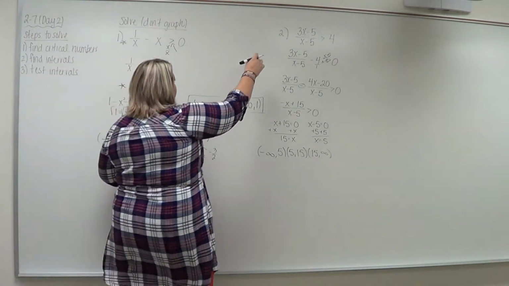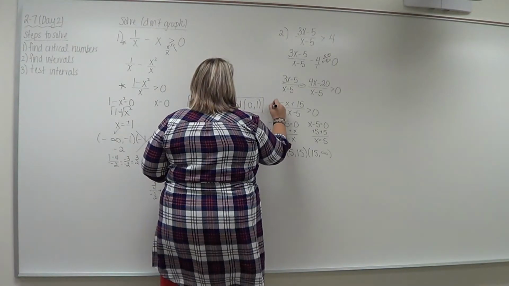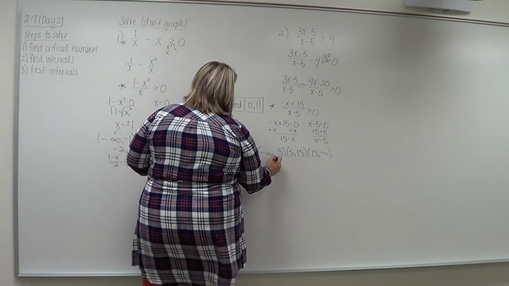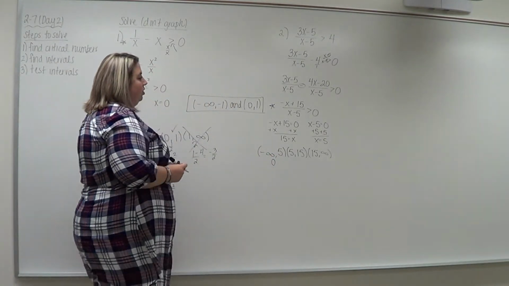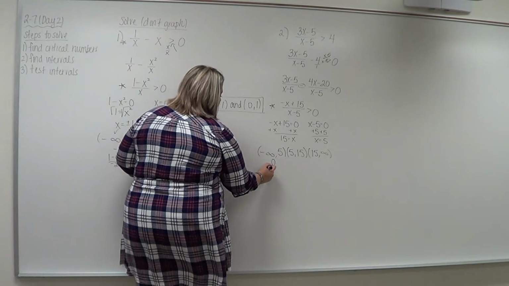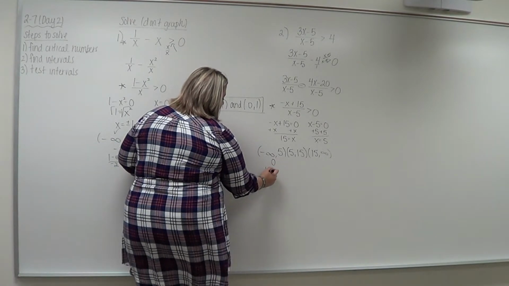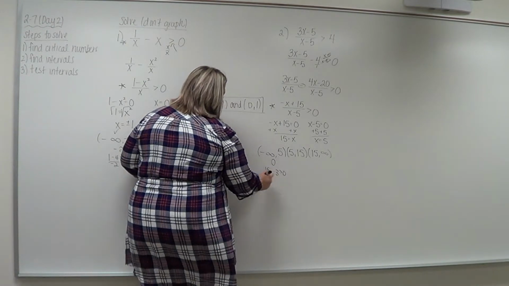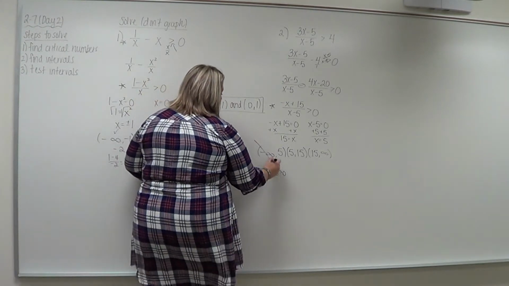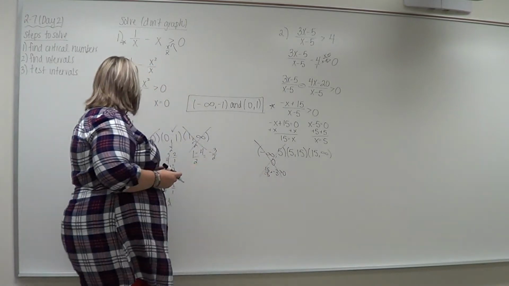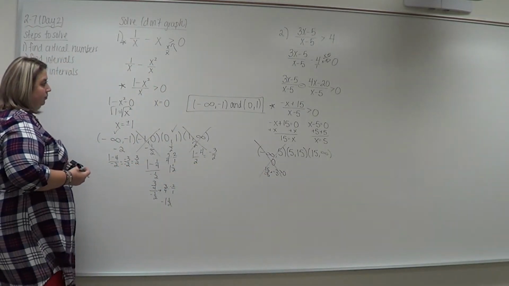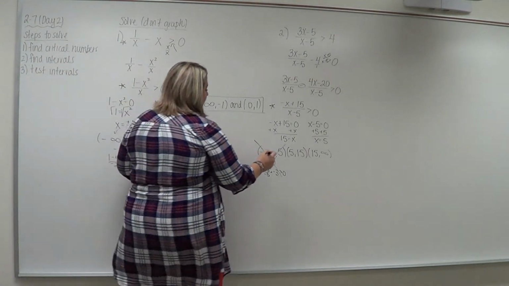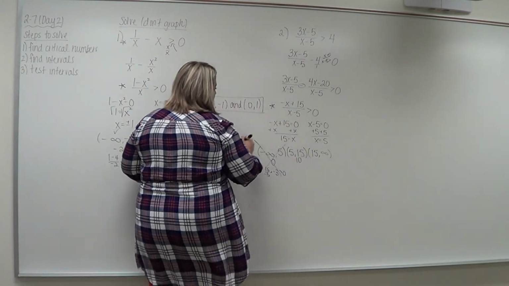Okay, and you can plug it into the original, or I'm going to plug it into this one, just to make life easier. I'm going to use 0 for the first one. So if I use 0, that would give me 15 over negative 5, which is negative 3. Is negative 3 greater than 0? No. I'll plug in 10 for this next one, just to make the numbers easier.